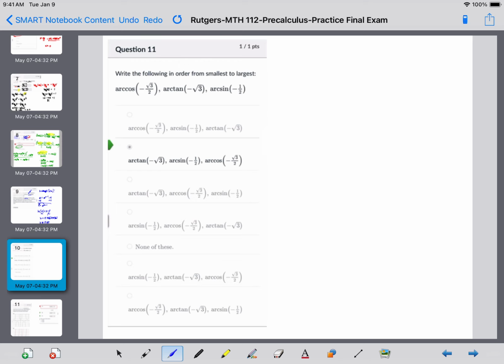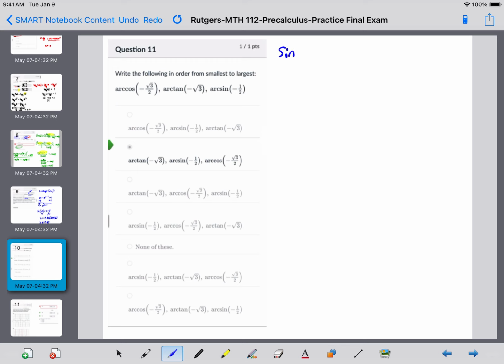Question 11. Write the following in the order from smallest to largest. Okay? So, what you should know is the domain and range of these functions. Really the range.